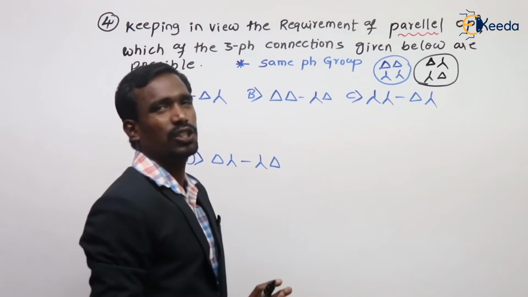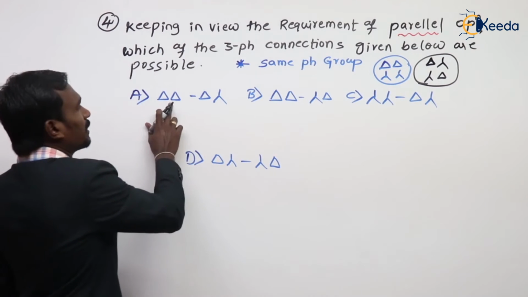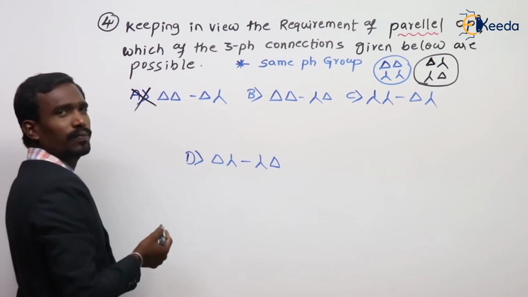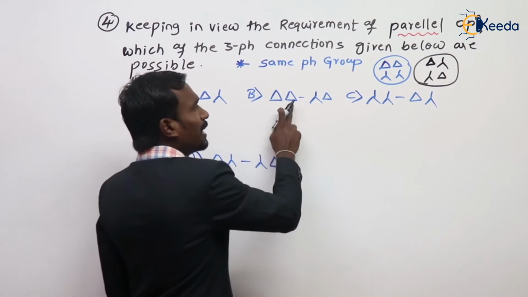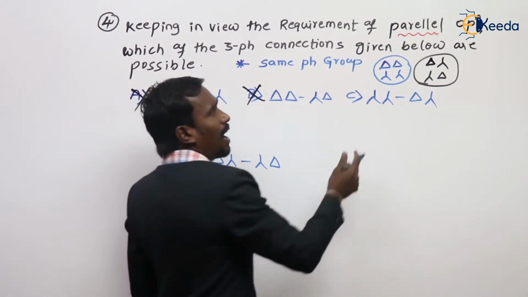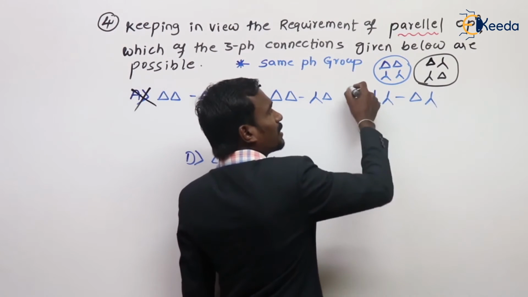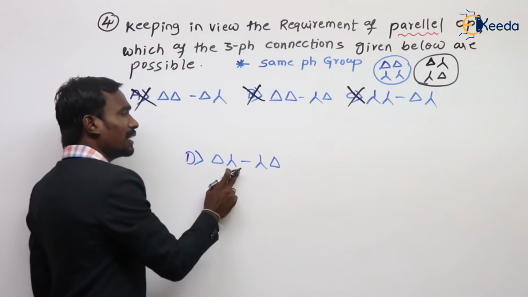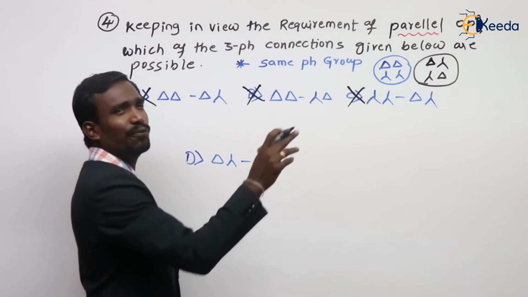This is the first condition. So see here, delta delta and delta star, different phase groups. And here delta delta and star delta, different phase groups. And here star star and delta star, different phase groups. But here delta star and star delta, same phase group.